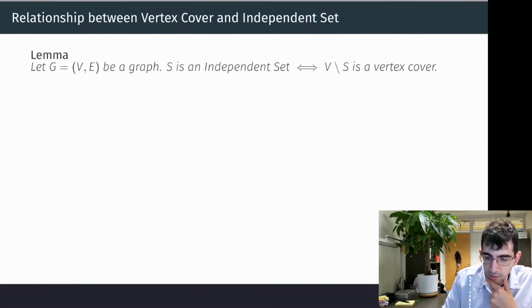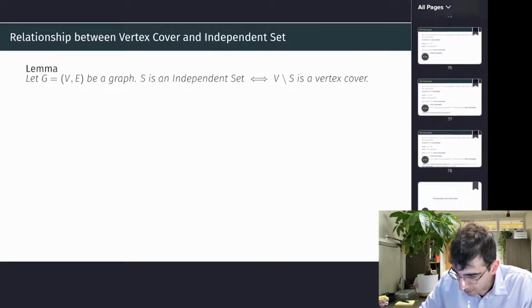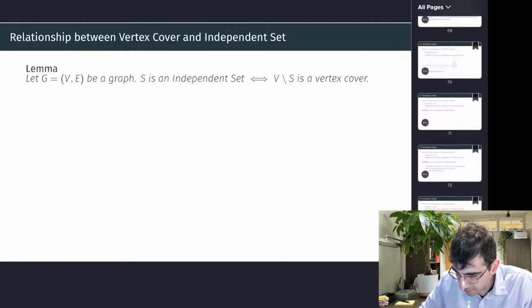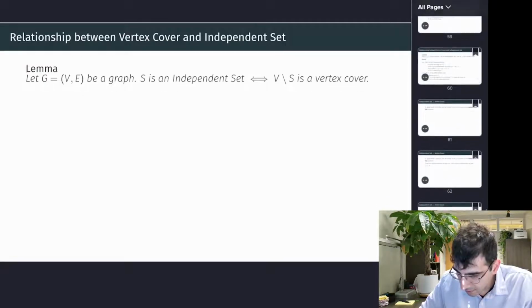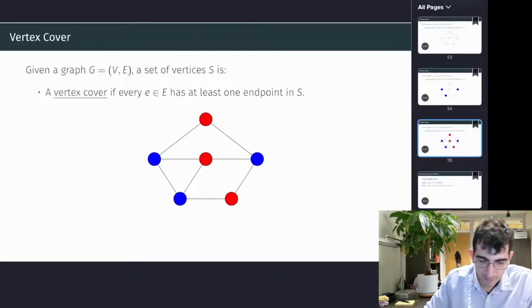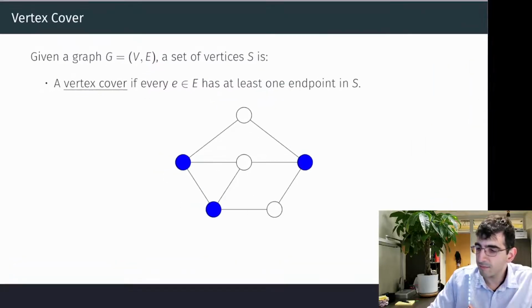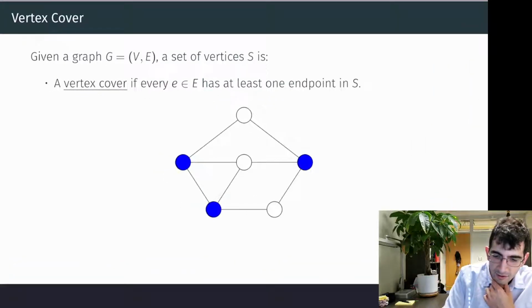And actually, before we go through the proof, I skipped over the visual hints. But let me go back to the visual hints. The visual hint for this is that I told you that this was a vertex cover for this graph.